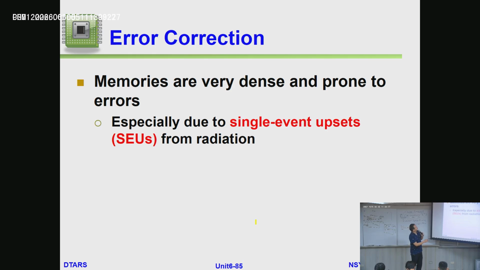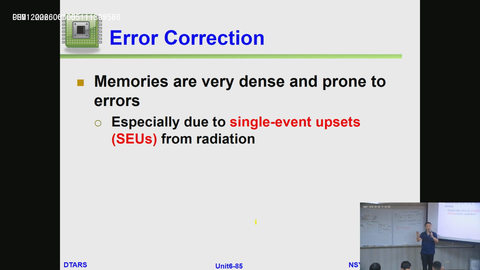Okay, so error correction codes are very widely used in memories because memories are very dense. Their density is very high, so they are easily affected by single event upsets from radiation, which means that when some alpha particle hits the memory, some bits will flip from 0 to 1 or 1 to 0.